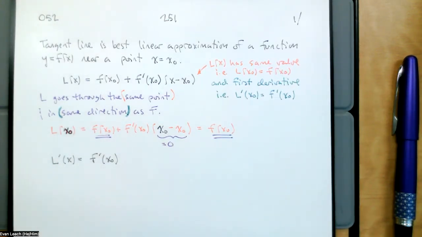If we think of that, the only variable term in the linear function is f prime at x naught times x to the first power. So the derivative will be 1 times f prime at x naught, x to the 0 power. Remember, f prime at x naught is just the slope, the m. And this is saying that the first derivative of L is constant. This makes sense. L is supposed to be a line. A line should have a constant slope or a constant rate of change.